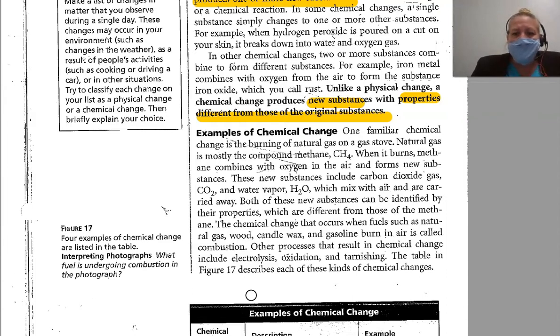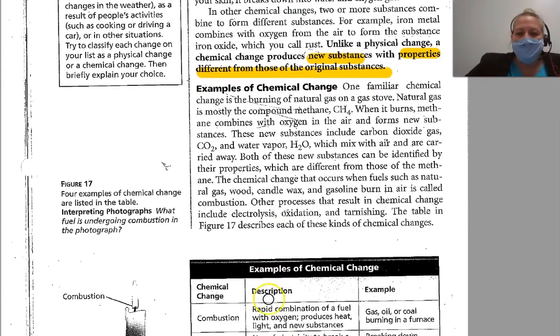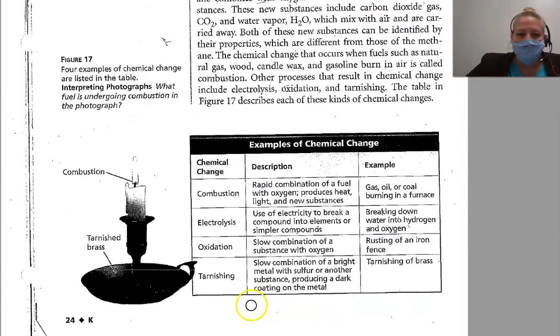Both of these new substances can be identified by their properties, which are different from those of methane. The chemical change that occurs when fuels such as natural gas, wood, candle wax, and gasoline burn in the air is called combustion. Other processes that result in chemical change include electrolysis, which we talked about a lot in the last chapter with Mr. Davy, oxidation, and tarnishing. The table in figure 17 describes each of these types of chemical change.